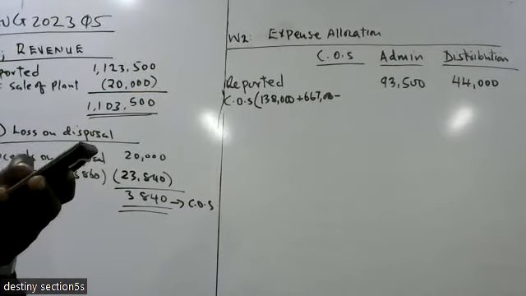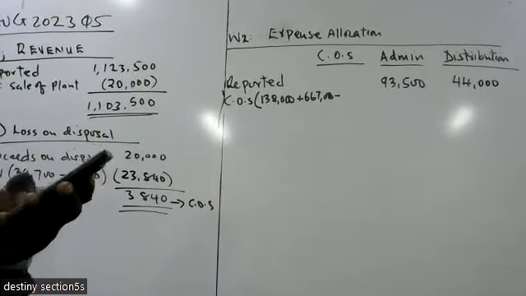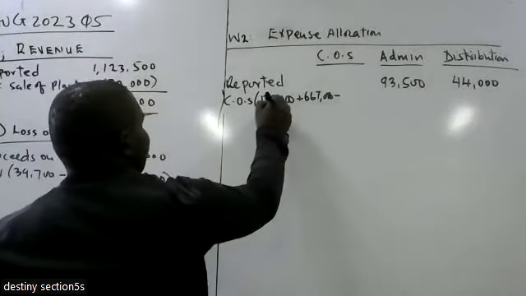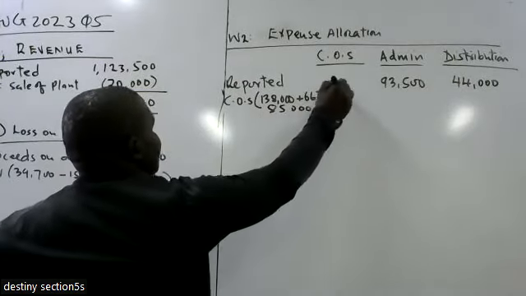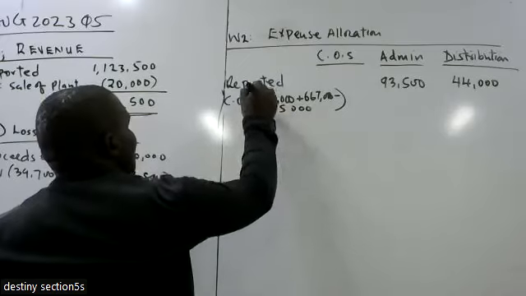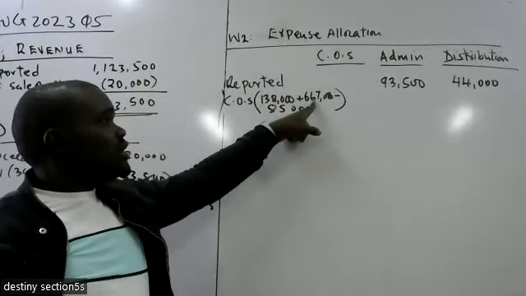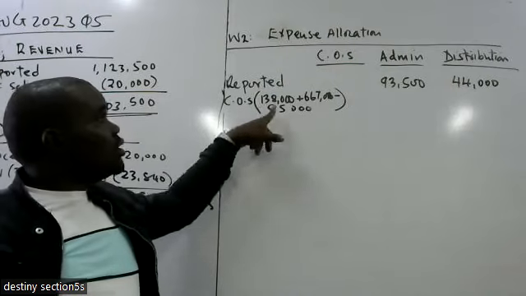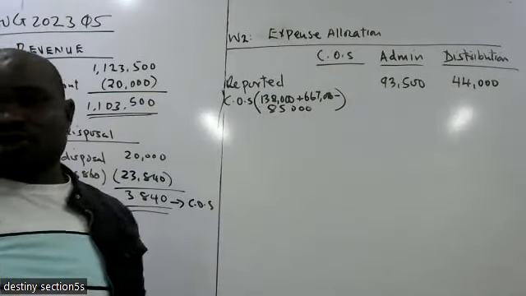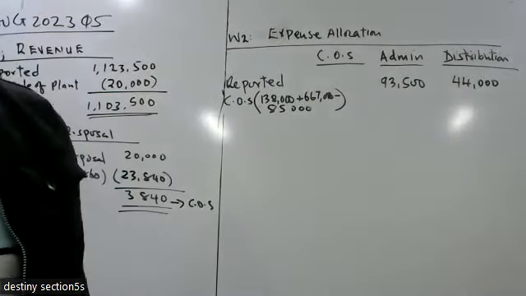Inventory count on 31st December revealed the value of inventory at a cost of 85,000. So closing inventory is 85. Cost of sales will be the opening stock plus purchases minus the closing stock. Can you give me that value of cost of sales? Then now we can do the adjustments.